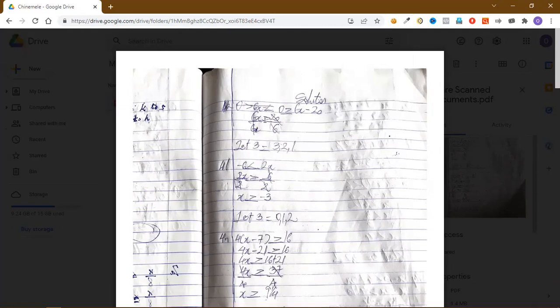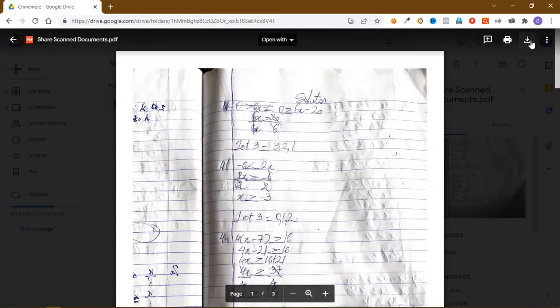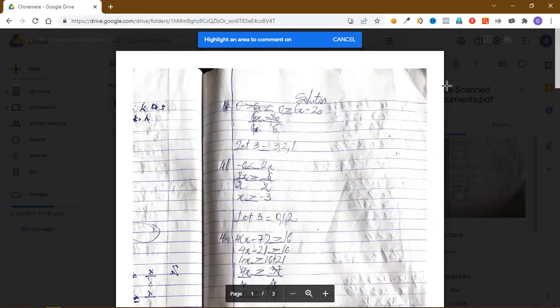So this one, 0 is greater than or equal to 6 minus 20. Then by the time you transfer, we have done nonsense here. It's not right.